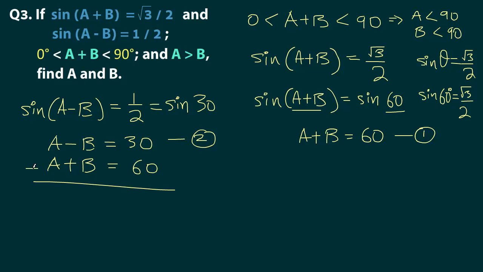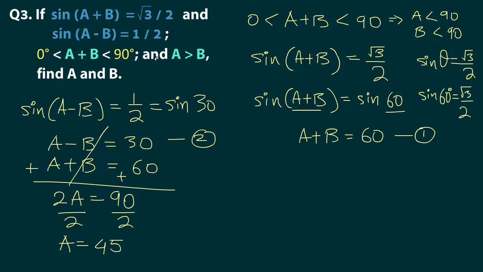If you simply add them, what happens? This will become 2A. This term cancels out, minus B plus B, and here this will be 90. Now we can divide both sides by 2 and we get A is equal to 45.